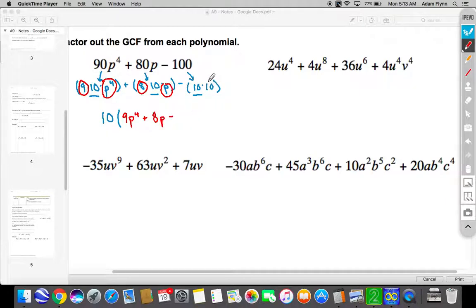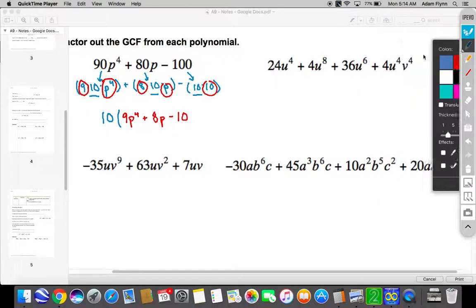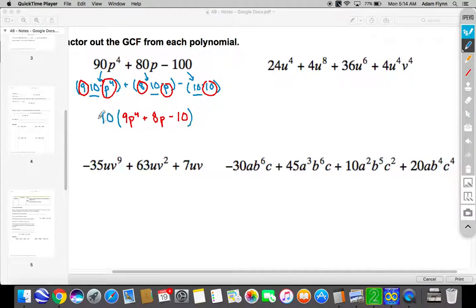Minus, over here, I'm left with just a 10. So this is my final factored form. Okay, so all we're doing is we're finding the GCF. Once we find that GCF, we're going to divide all of our terms by that GCF and see what we're left with.